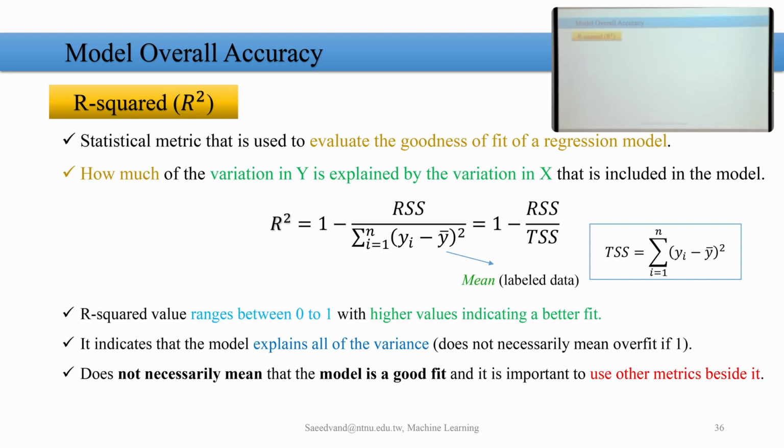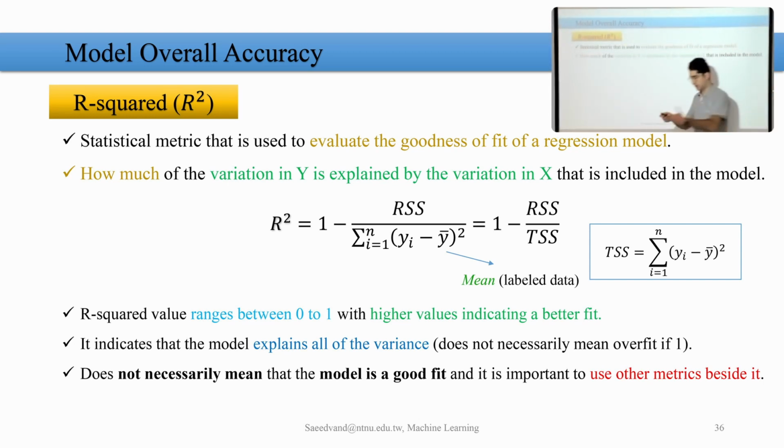So we move to the next metric, R squared, a very important metric for reporting our model accuracy. It is a metric to evaluate the goodness of fit of our regression model, to say whether it is fitting well, and it considers the variation. Is the variation in Y explained by the variation in X or not? How is X explaining that?